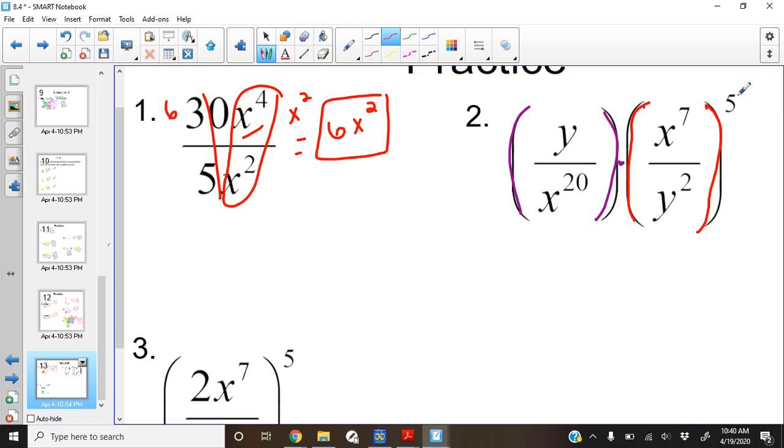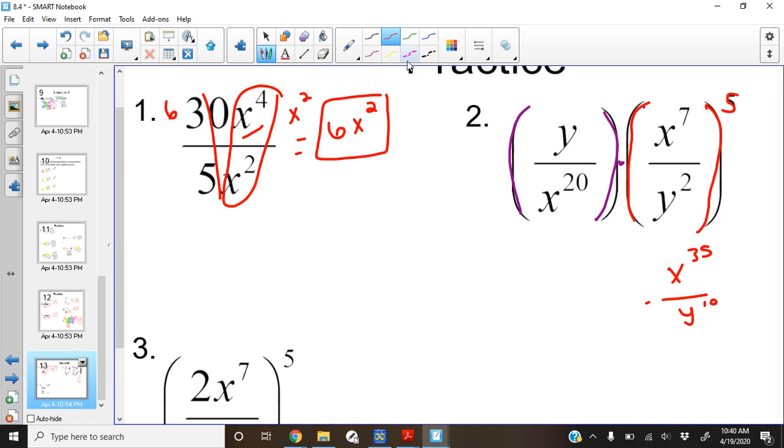Well, the exponent of 5 only belongs to that second parenthesis. So please do not give it to the first one. So when we raise x to the 7 over y to the second to the fifth, we multiply our exponents. So that becomes x to the 35 over y to the 10.